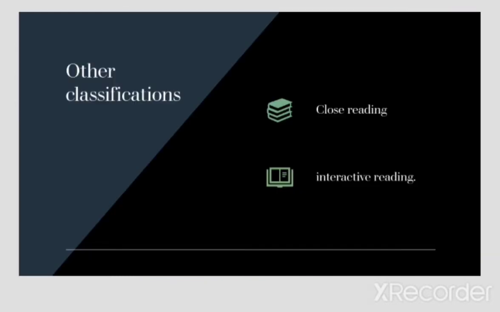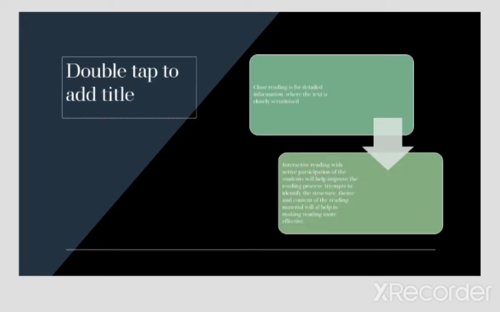There are also other classifications like close reading and interactive reading. Close reading is for detailed information where the text is closely scrutinized. And interactive reading, you are all familiar with interactive reading, right? Interactive reading is with the active participation of students. Classroom reading, with active participation of the students, will help to improve the reading process.